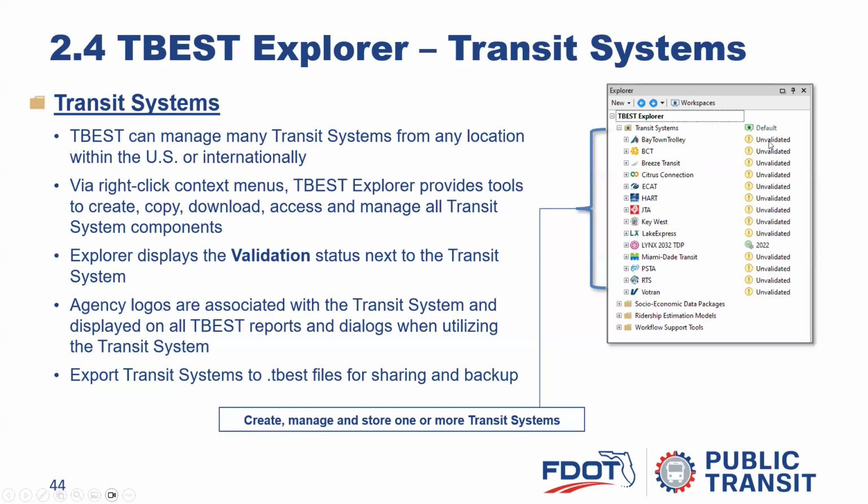It says unvalidated, unvalidated, and this links 2032 TDP has a 2022 validation. So that means that this transit system has been validated. Its validation year is 2022, and you can quickly assess just by looking in TBEST Explorer which transit systems are validated.